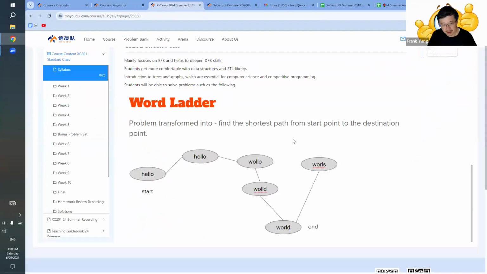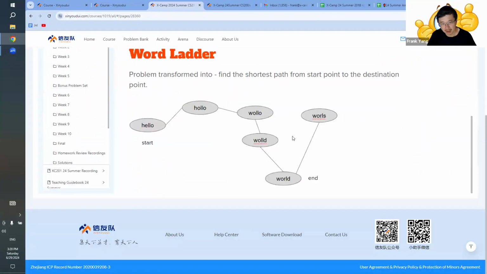So just to give a very quick example: what kind of problem are we going to teach students to solve? There's a problem like this, right? I have a dictionary. The dictionary has many words. Given one word, each time there's a rule: you can only change one character, and after changing that character, the word has to be a word in the dictionary.